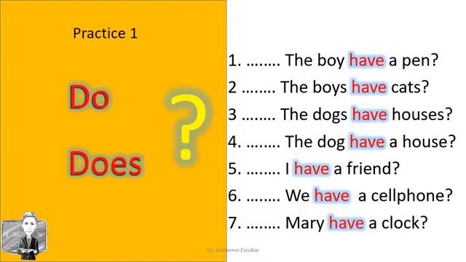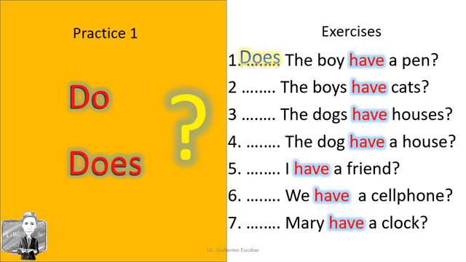Let's practice with the auxiliaries do and does. Read the sentences below and complete them with either do or does. Now, let's check the answers. 1.